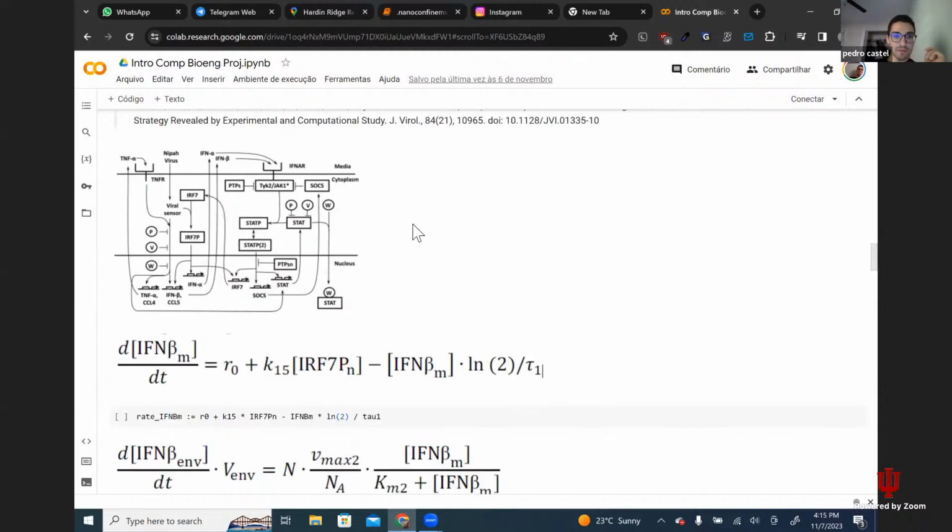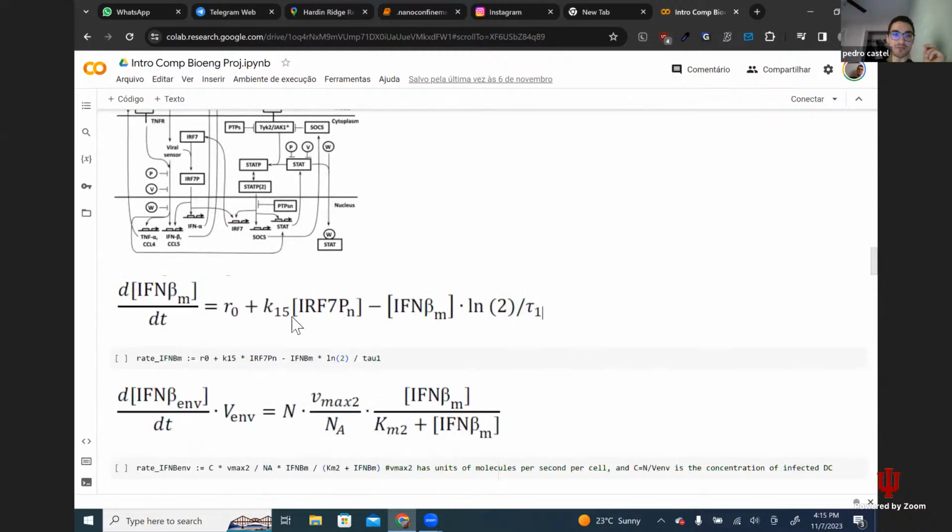So I started from the ODEs because the reactions and the diagrams are inconsistent. They don't make sense. So I'm using the ODEs. Basically I'm transcribing the ODEs as rate equations that I can copy and paste into the Tellurium model. And till now I've done that for all the equations they showed.